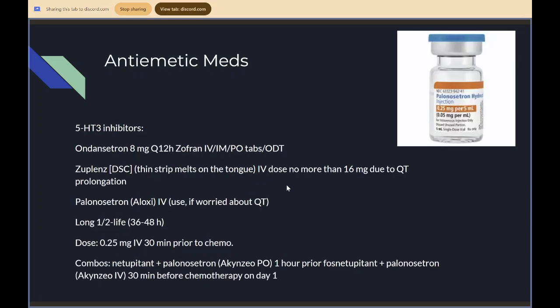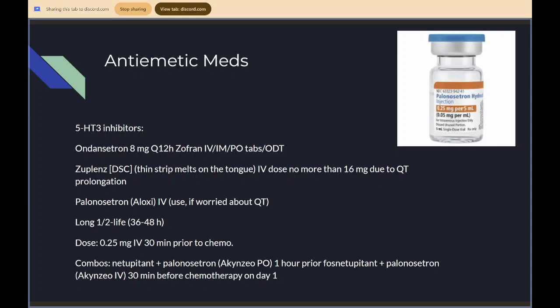So, top right graphic, we have palonosetron injection, and it's 0.05 mg per mL. And the dosages here, Zuplenz is going to be the thin strips that melt on the tongue. IV dose no more than 16 mgs due to QT prolongation. The 5-HT3 inhibitors have long half-lives.